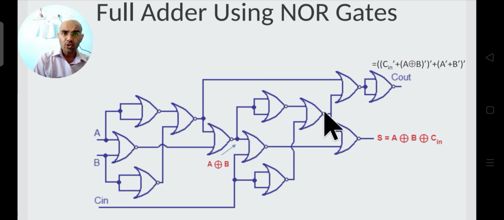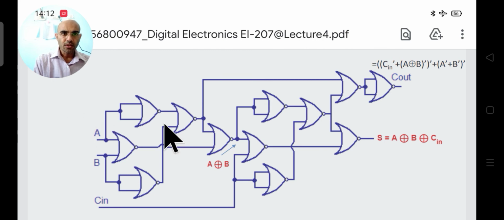So A XOR B, I think we are getting it here, A XOR B, and this being the A XOR B input, and this is our second output. Yes, no problem, so it is correct. So here we get A XOR B. You can verify it from this expression.